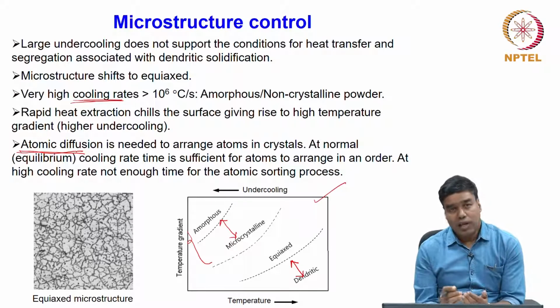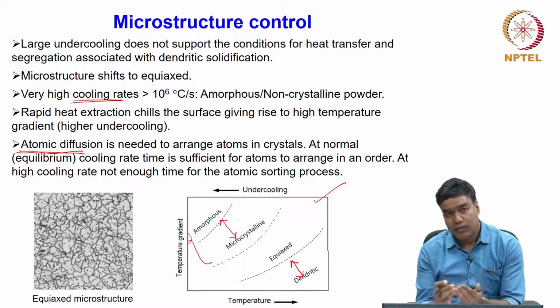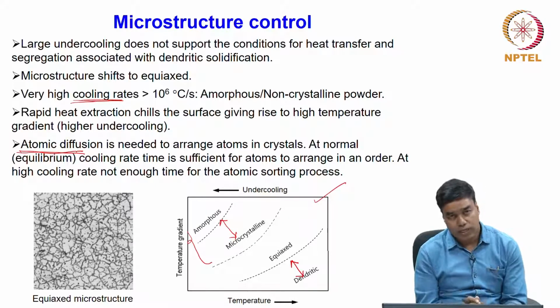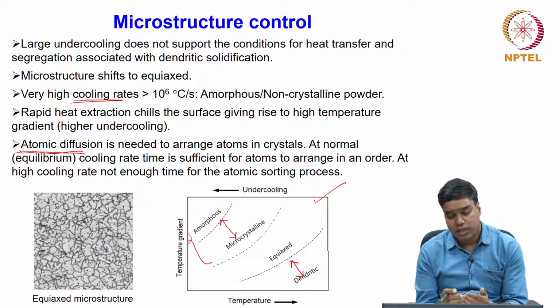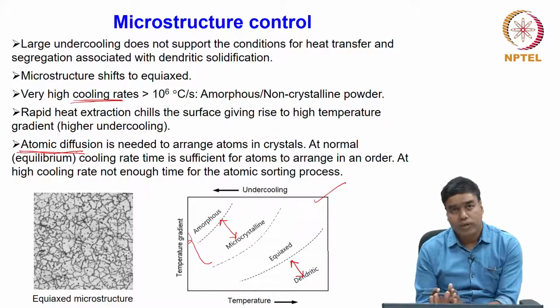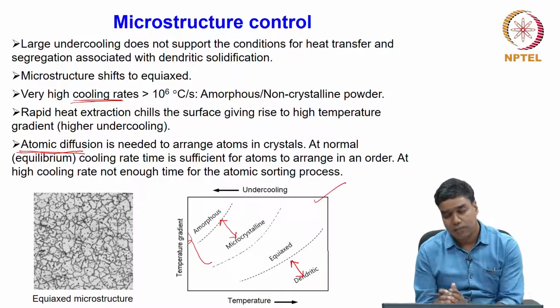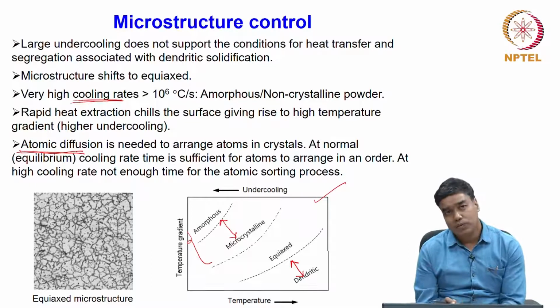So, that will happen only when the liquid is cooled at low cooling rates, like what you generally have in conventional casting processes or in conventional equilibrium cooling conditions, as we call it. Okay. So, when the cooling rate is low, you have more time for the atoms to get arranged in a particular pattern, which will lead to formation of a crystalline solid.